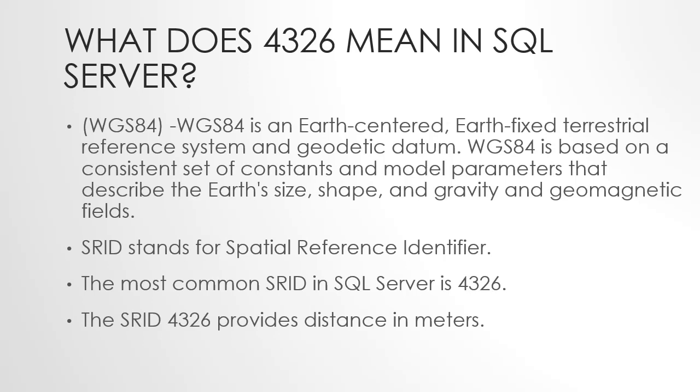SRID stands for Spatial Reference Identifier. The most common spatial reference identifier in SQL Server is 4326, and that 4326 gives us distance in meters, which is what we want. Now there are a lot of other SRIDs, and you can query to find that, but 4326 is very common.